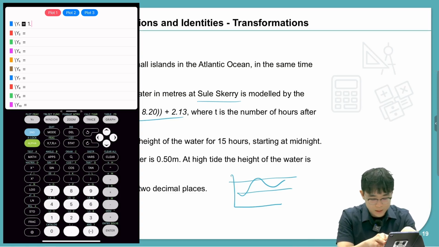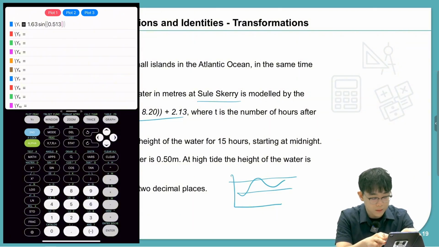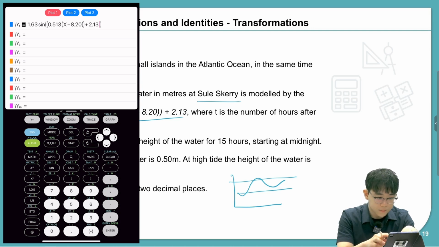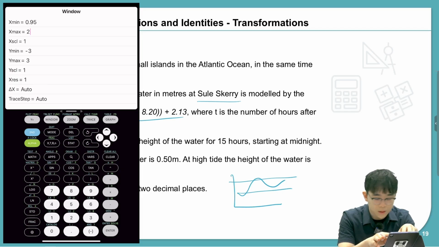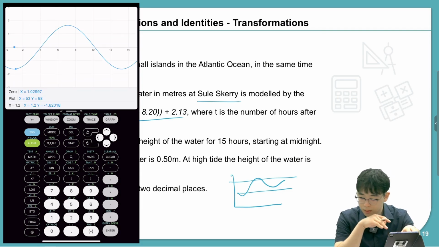So we have 1.63 times sine of 0.513 times (t minus 8.2), and then plus 2.13, okay. We also want to show from 0 to 15 hours.